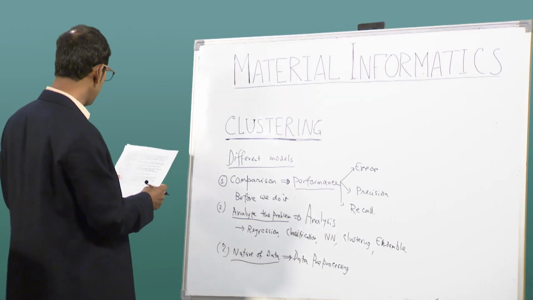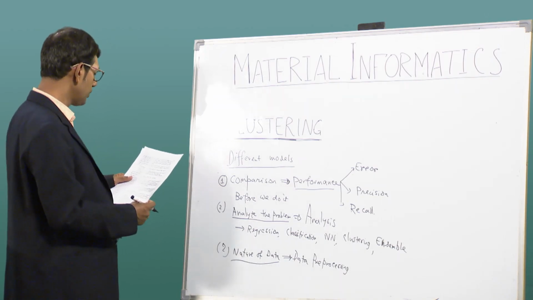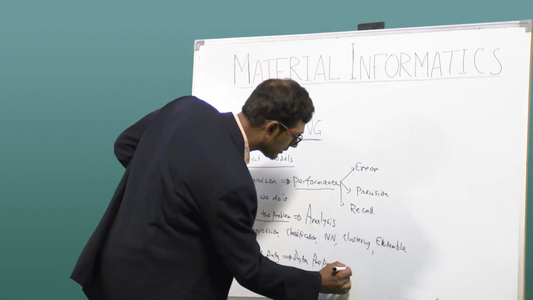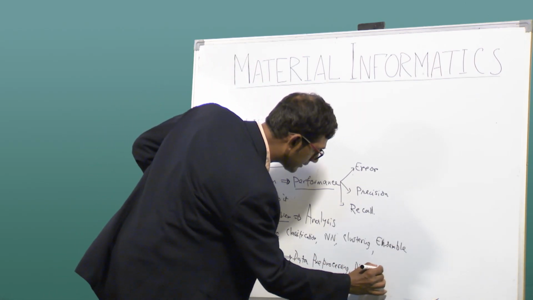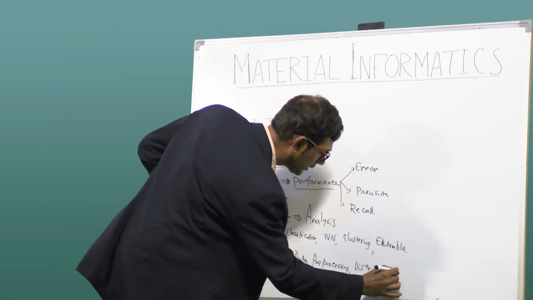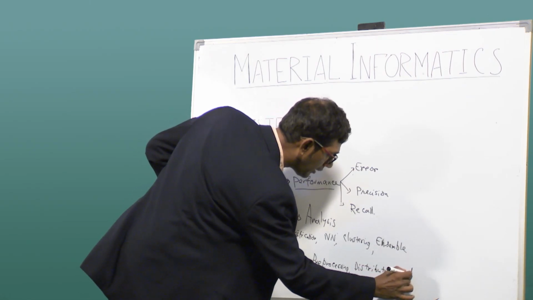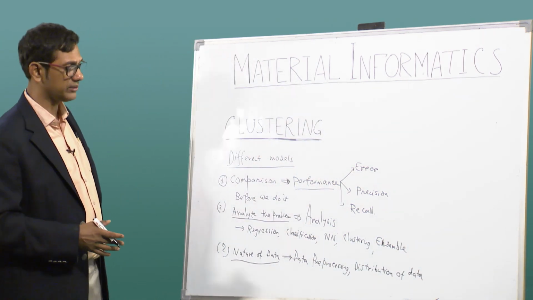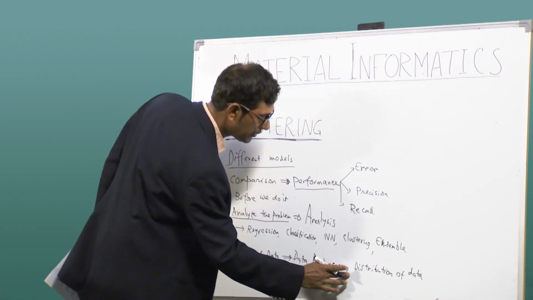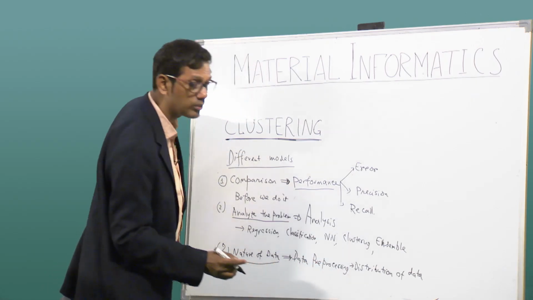So, the nature of data also requires some kind of distribution of data, which we will see in the next lecture: how the data are distributed, the distribution of data, how data are correlated. So, these are part of data pre-processing. Okay. Data pre-processing tells you all kinds of things about how we can pre-process data.